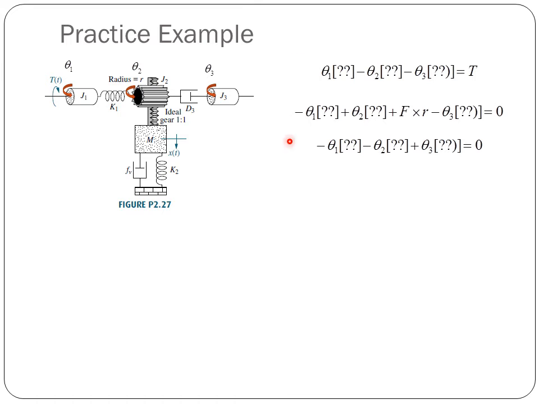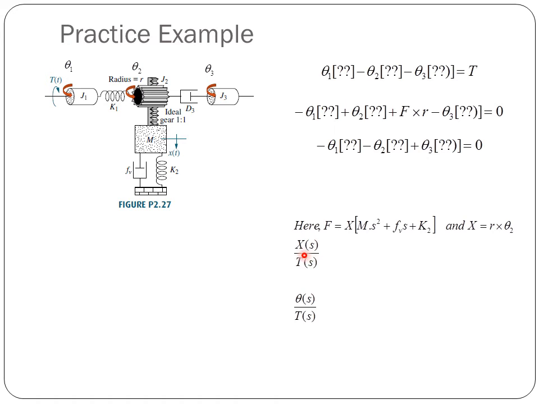So these are the 3 equations that should be written for this example, but don't forget that there is a component F which is equal to this one, okay, and there is a relation between x and theta 2, because you might need to convert the equation for the transfer function x by T.